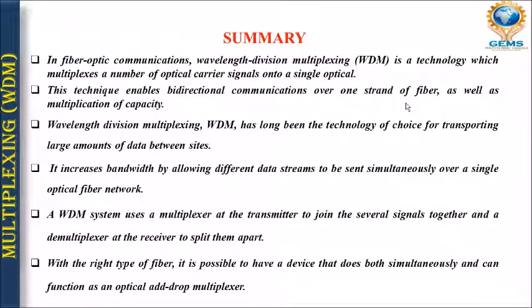With the right type of fiber, it is possible to have a device used for both simultaneously that can function as an optical add drop multiplexer. It is very important when we are talking about WDM, which has many functionalities.